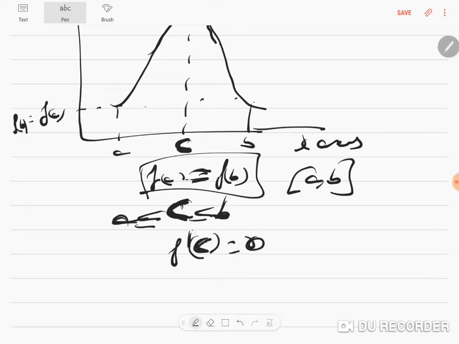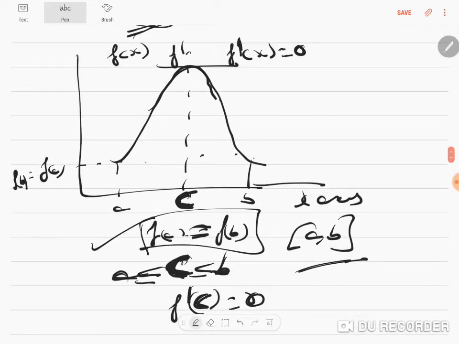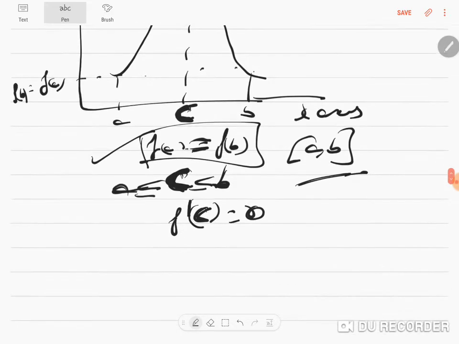Instead of x, we write C, because f dash of x, where the x value is called C. Again, one more go. For a function which is continuous on the closed interval A to B, where f of A is equal to f of B, there exists a point C between A and B, where f dash of C is equal to 0. That is, the slope vanishes at one point and the point is known as C.